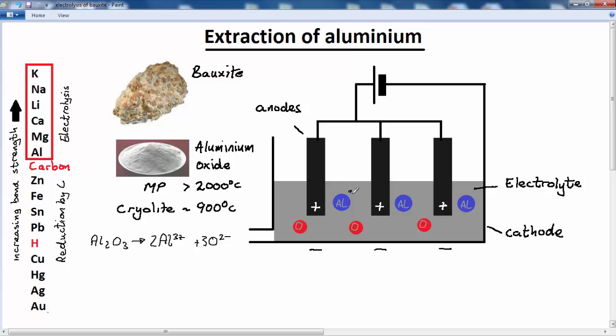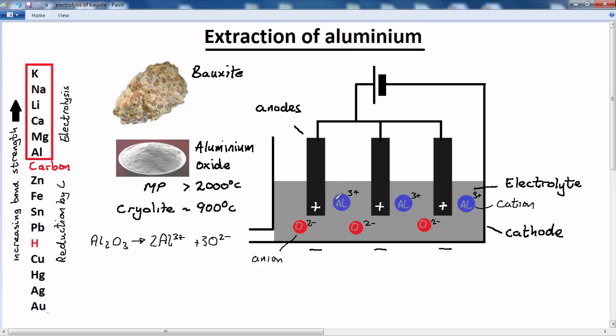Let's put a 3 plus on each aluminium ion and 2 minus on each oxygen ion. The positive metal ion is known as the cation, and the cation will be attracted to the cathode. The negative ion is known as the anion, and the anions will be attracted to the anodes.